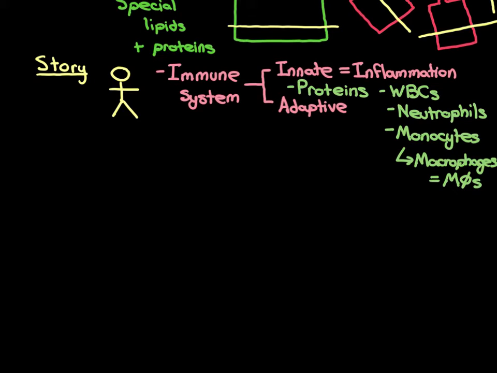These proteins and these white blood cells are capable of attacking a huge number of different pathogens, and the way that they do it is exactly the same no matter what type of pathogen you're dealing with, whether you're dealing with a virus, a bacterium, a fungal cell, or a multicellular parasite. The innate immune response, the inflammatory response, is exactly the same.